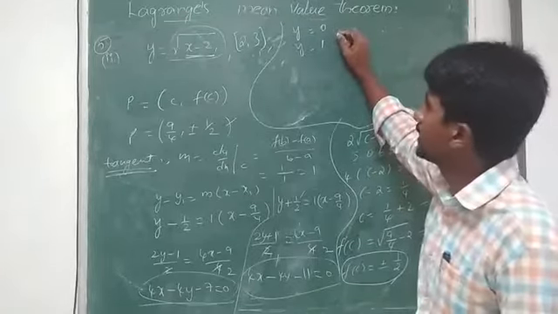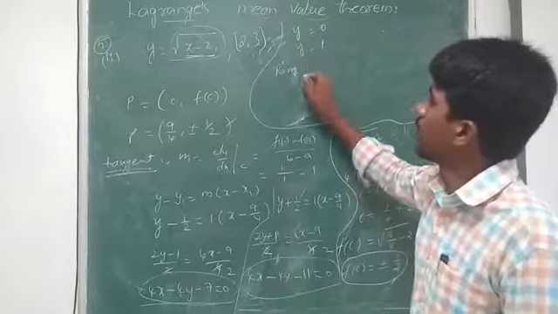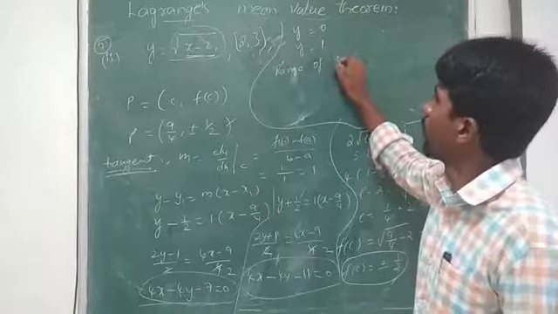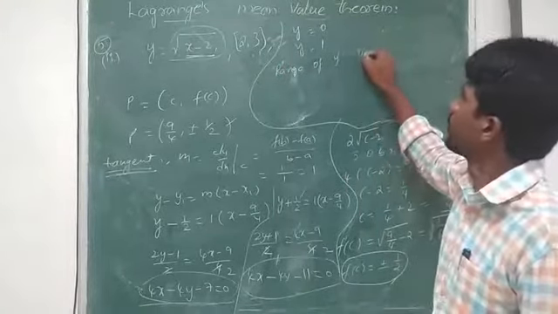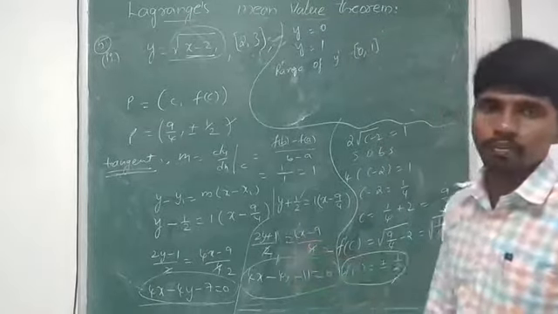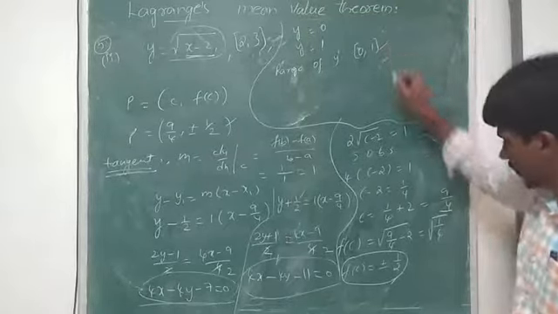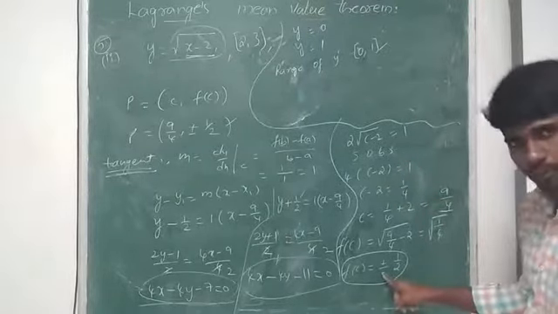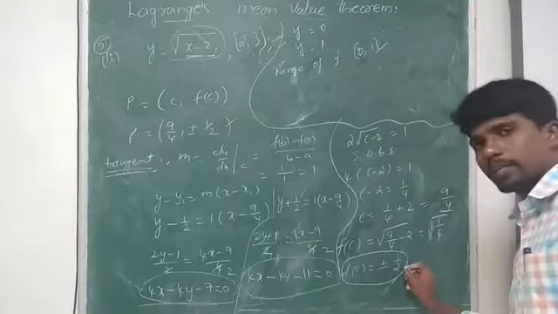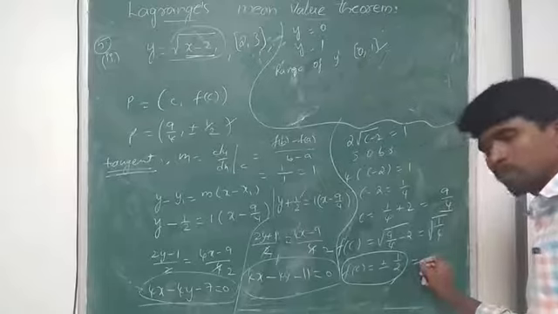So the range of y is 0 to 1. You see, the f of c value, nothing but the y value, I got plus 1 by 2 as well as minus 1 by 2.